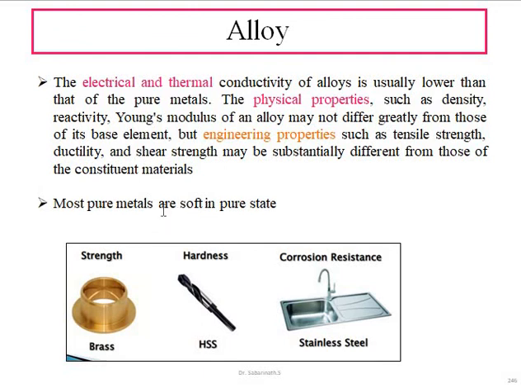If you take a piece of iron and a piece of steel and check the hardness, you can see that steel is harder than pure iron. So pure metals are mostly soft, and we will see how this internal stress increases the hardness. A few examples: brass has higher strength than copper. High speed steel has very high hardness in comparison to ordinary iron.